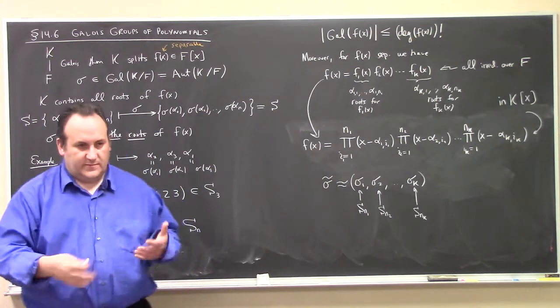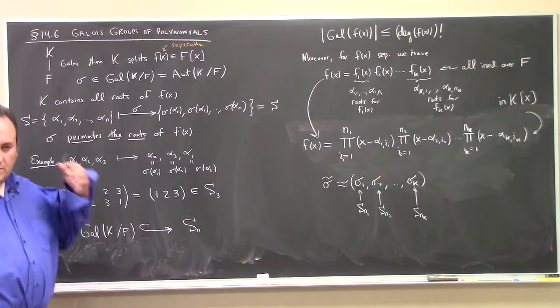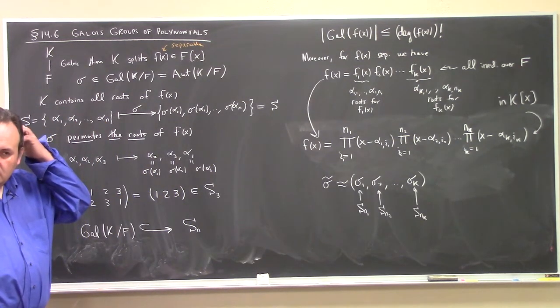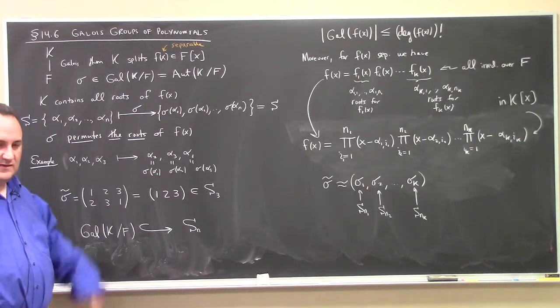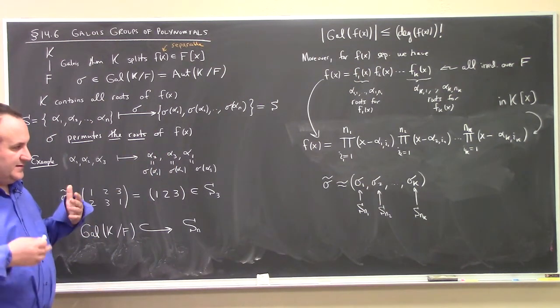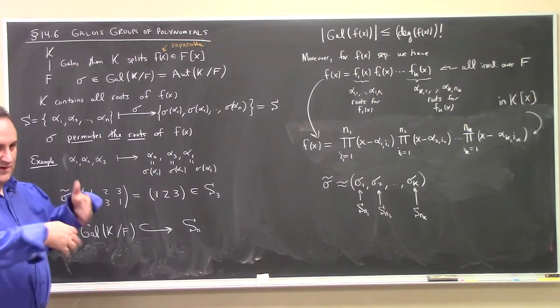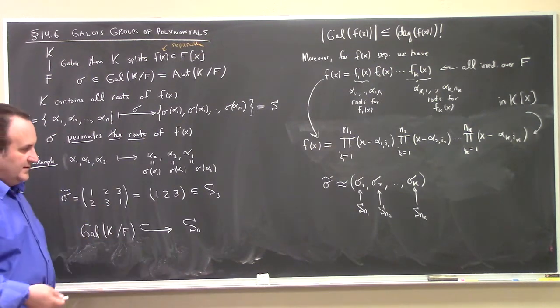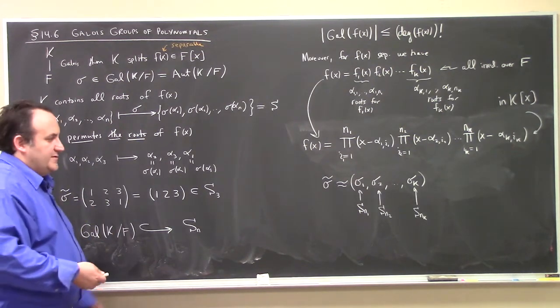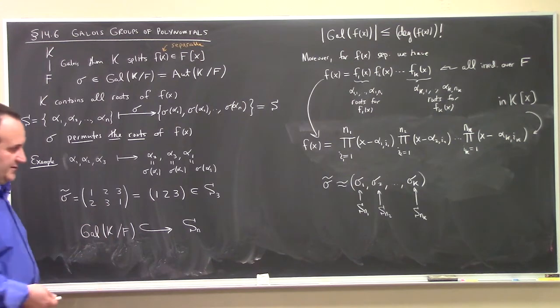That's the structure of the corresponding permutation in Sn. We can look at it as a tuple of permutations in Sn1, Sn2, and so on, where those n's are the degrees of the irreducible factors.